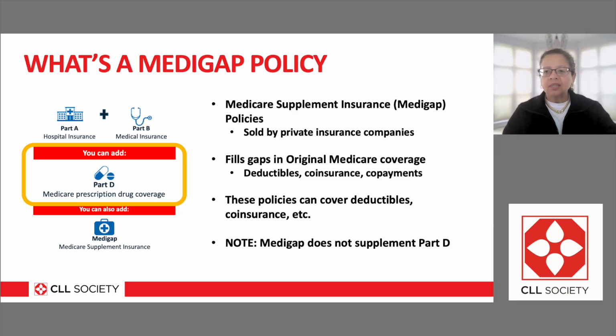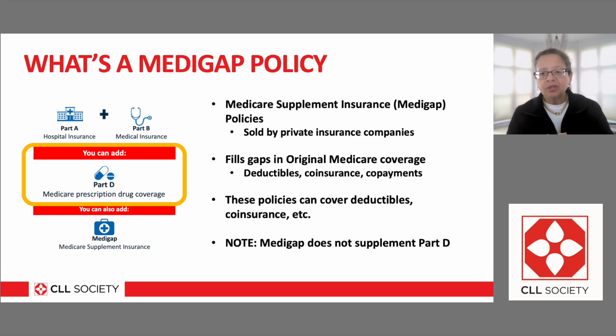I think the important thing to understand about a Medigap policy is that it will help you cover the out-of-pocket costs you're incurring in Part B, like Imbruvica, which is why we've injected the slide here while we're talking about Part B. They will not help you cover your out-of-pocket costs in Part D. So to the questioner earlier who asked which of my CLL drugs are B versus D, the distinction is not only important in knowing whether you need to be covered under Part B versus Part D, but also where your out-of-pocket costs will be helped, where you'll have some support paying for those out-of-pocket costs and where you won't.